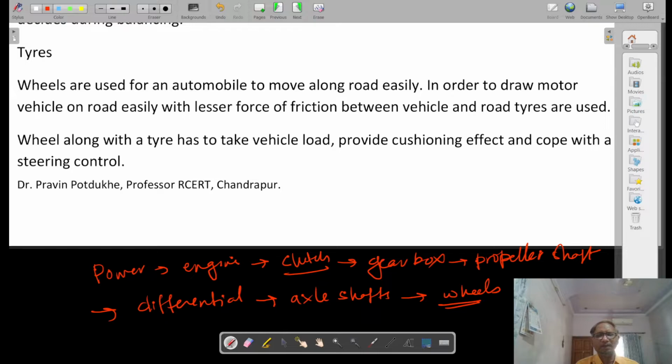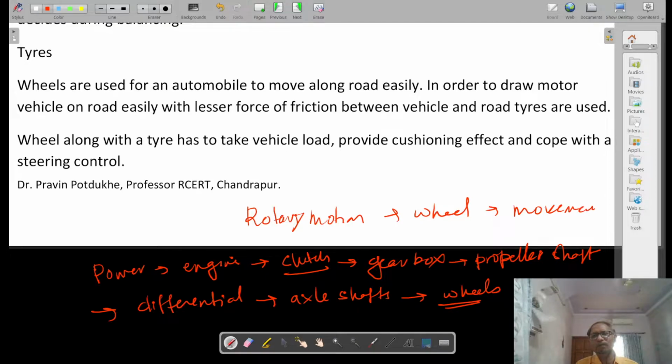Wheels are the last part where the power is being transmitted. You are producing rotary motion, and this rotary motion is finally transferred to the wheels, and you get the necessary movement and the necessary speed due to the power developed by the engine.